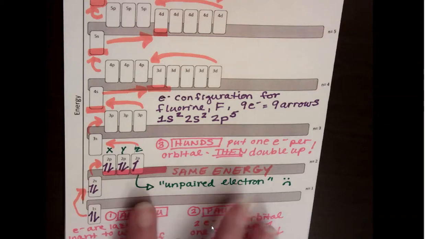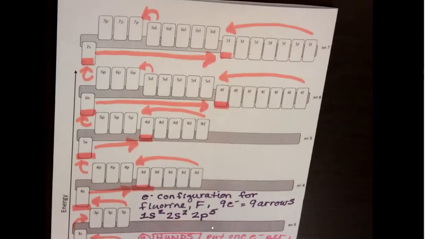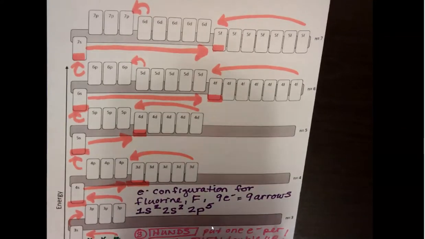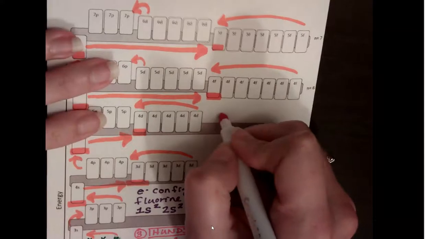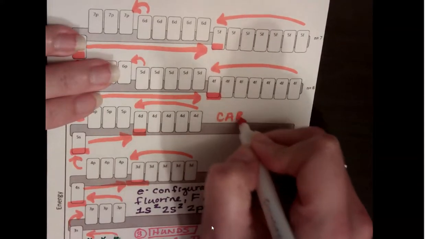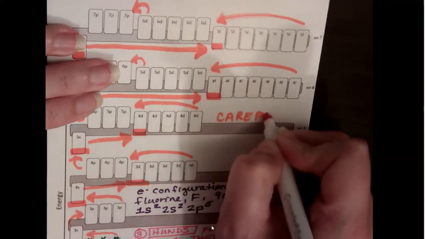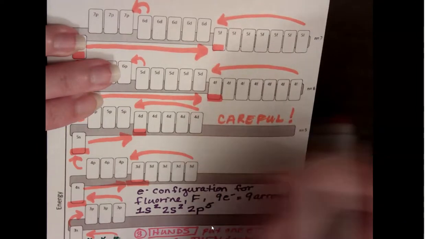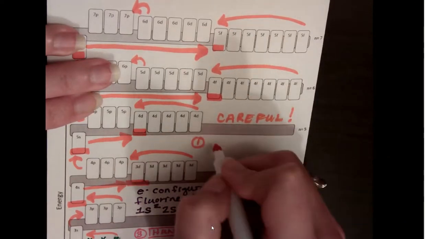Okay? So the last thing to add to this note sheet is a little reminder that we have to be careful with our Aufbau principle. So I'm going to write careful, rule number 1 of Aufbau.